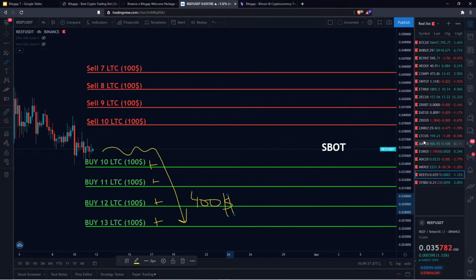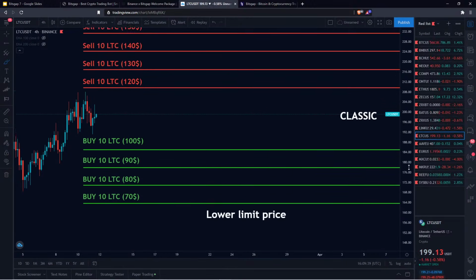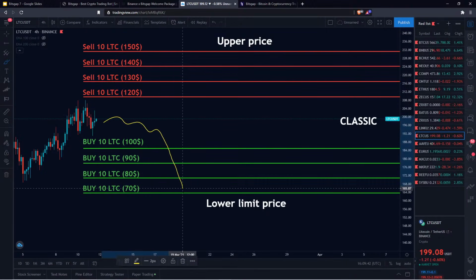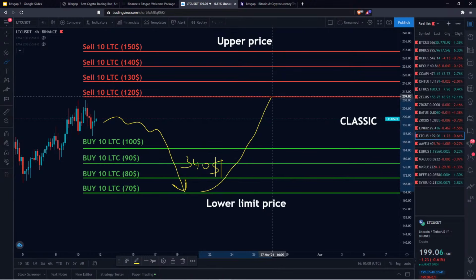Whereas in the case of the classic bot, as the price falls, your risk exposure, if you add all of these numbers, is going to be around $340. So compared with the SBot, within the trading range, on the downfall, the risk exposure on the classic bot is lower, which is something bad if the price reverts from that point.